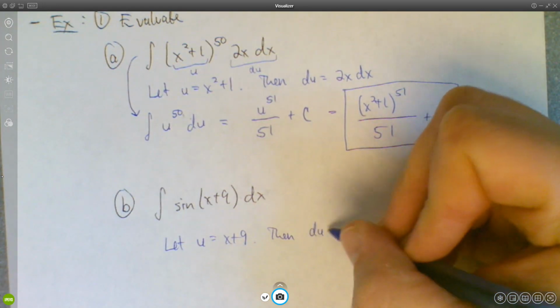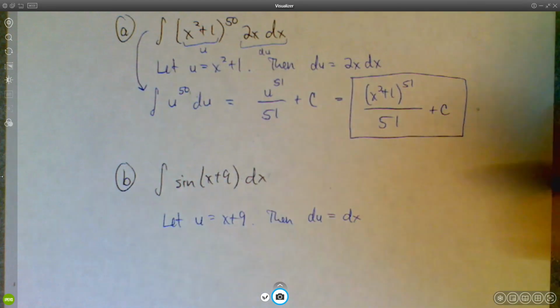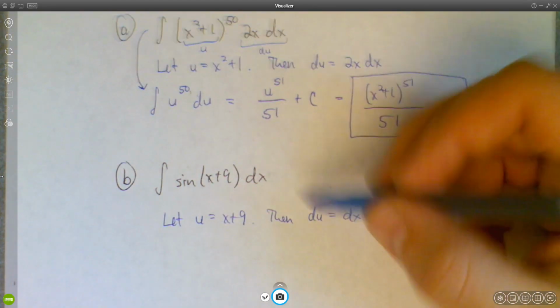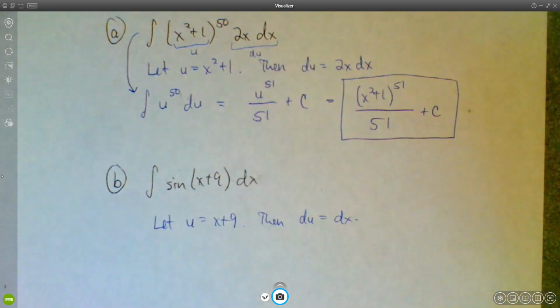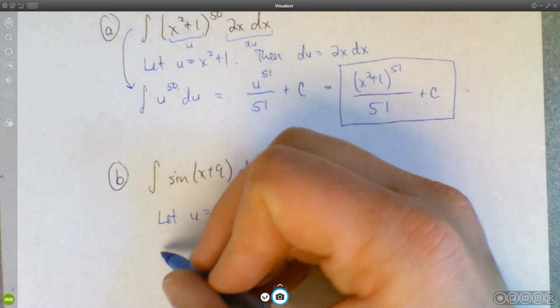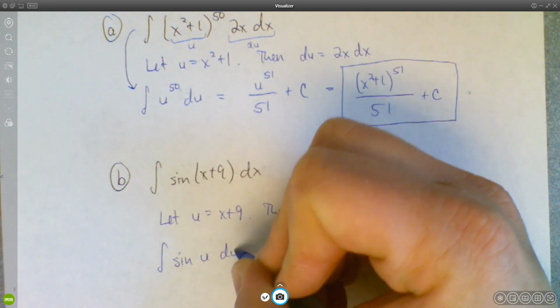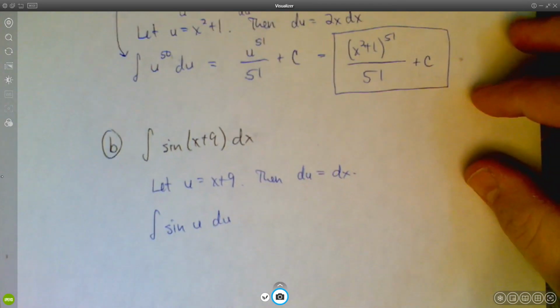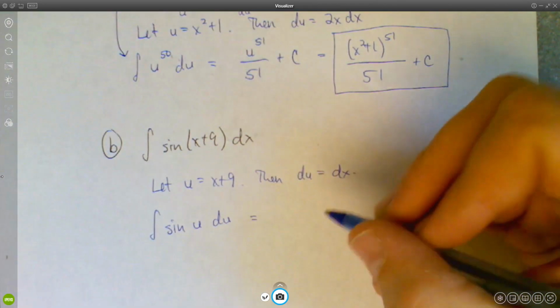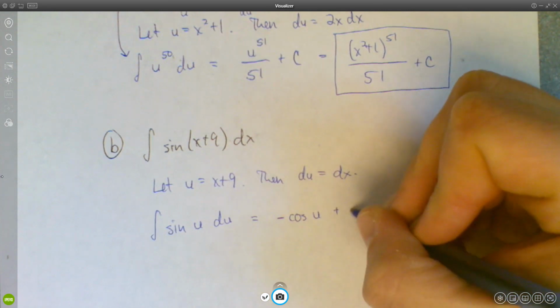Then du is just going to equal dx, right? du/dx would equal 1 plus 0, so du equals dx. Okay, and this integral now becomes sine u du. Well, that's easy, right? We just said what that was. That's just negative cosine u plus c.